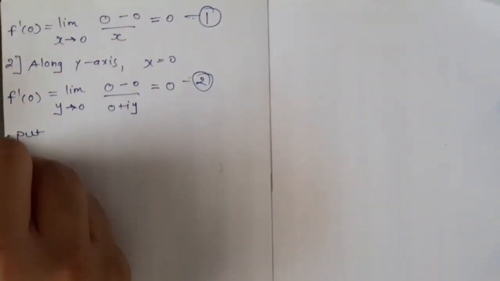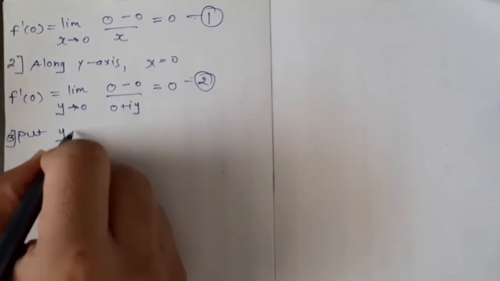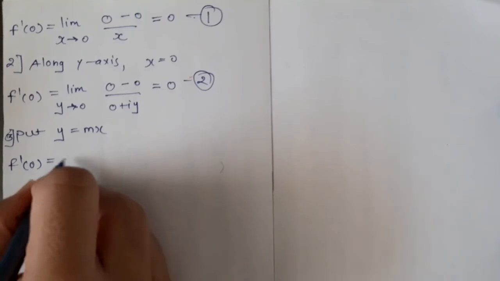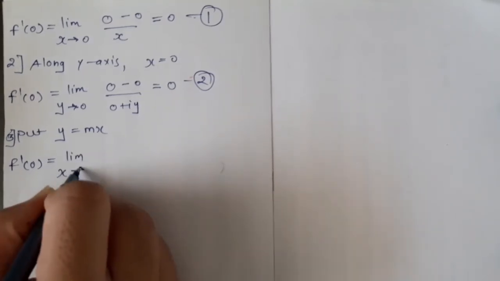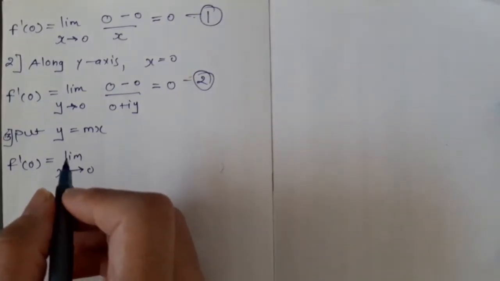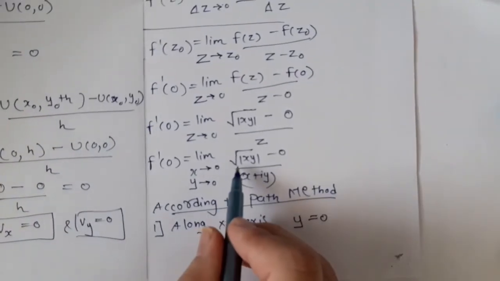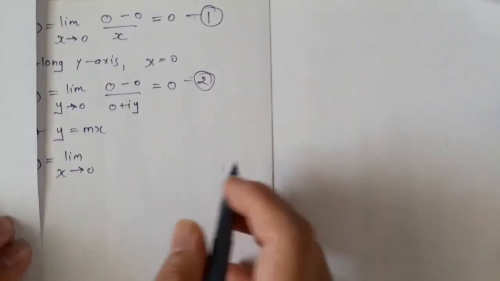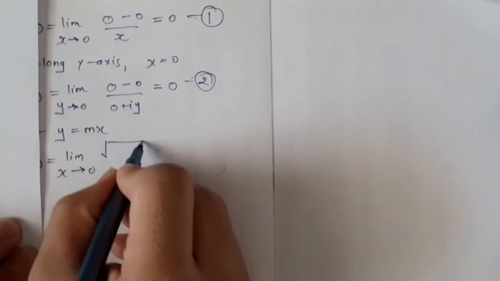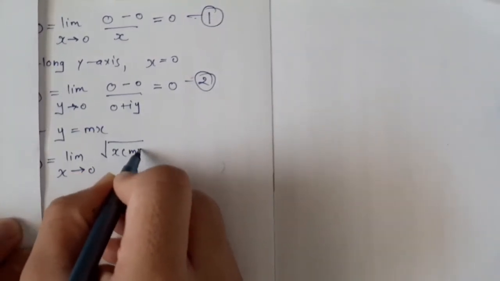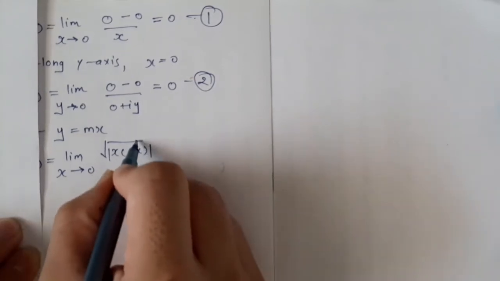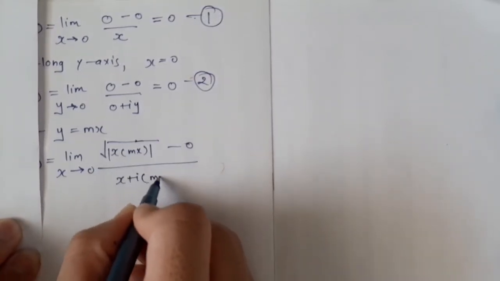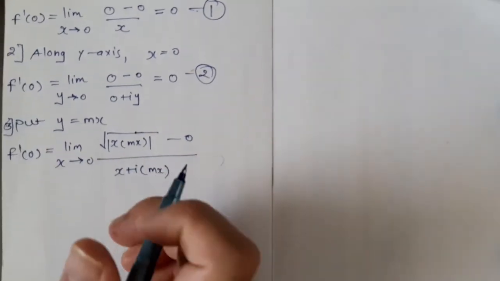Put y is equal to mx. That means f dash 0 is equal to limit x tends to 0. We have to put y equal to mx in the equation here. So it is limit x tends to 0 under root of x into m into x minus 0 upon x plus i into m into x.